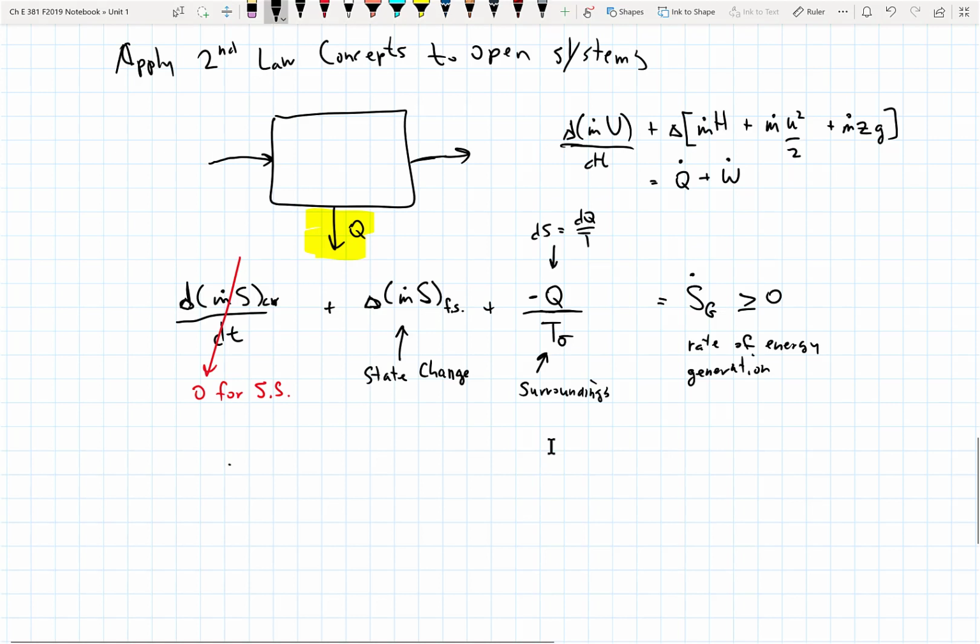So let's do that. We start with the first law in differential form: dU equals dQ plus dW. All right, and now let's rearrange that for the heat. So dQ is equal to dU minus dW.